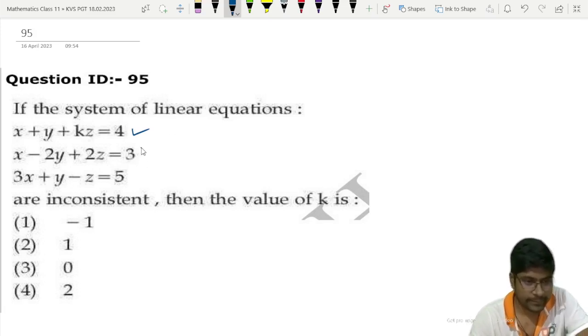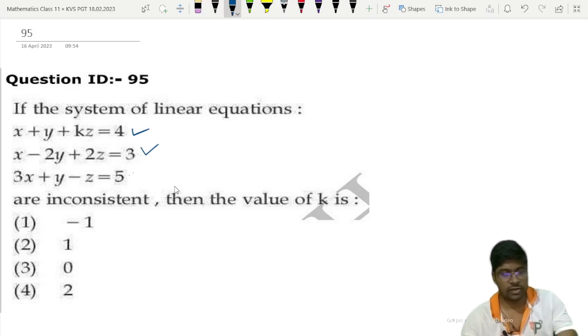And the third equation is 3x plus y minus z is equal to 5. So these equations will be inconsistent for what value of k, that we have to find.